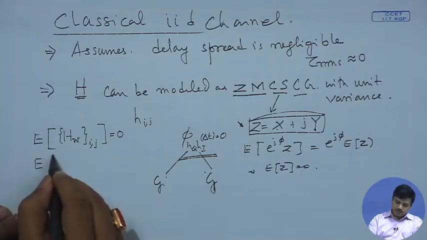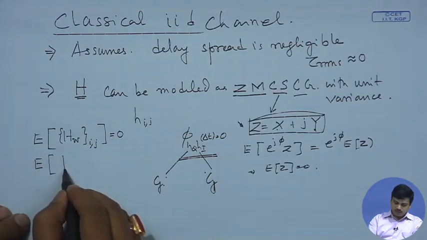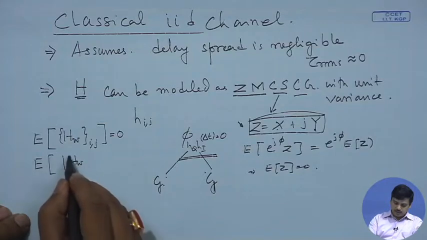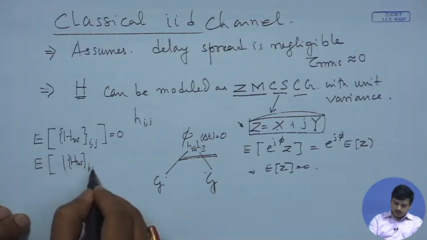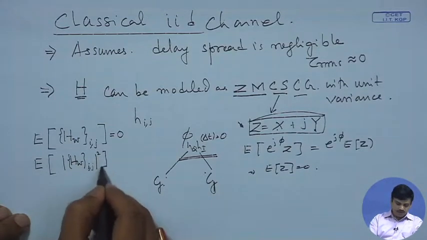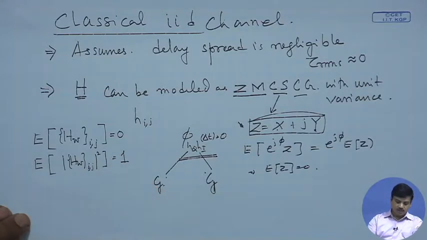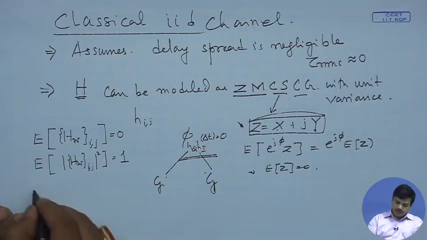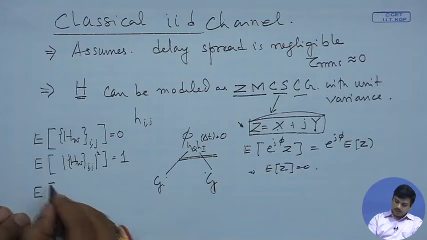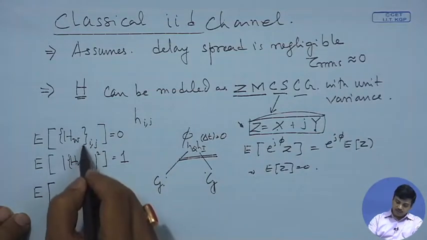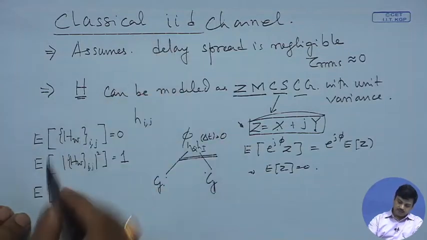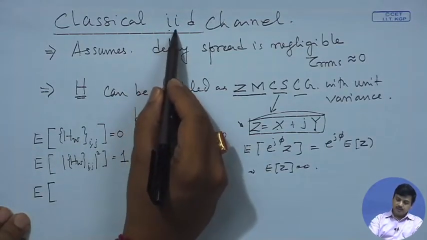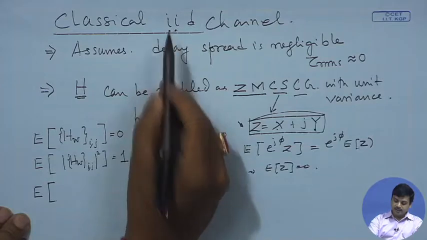The second thing is, once we have said the mean is 0, we would say that the magnitude squared of h_w(i,j) is 1, that means it is unit variance, and it is circular symmetric, that means uncorrelated or spatially white. Sorry, we are talking about this classical IID, that means independent and identically distributed.